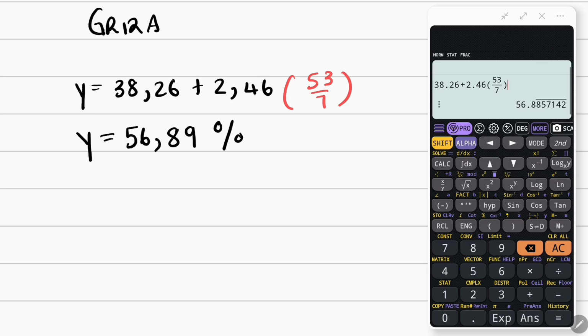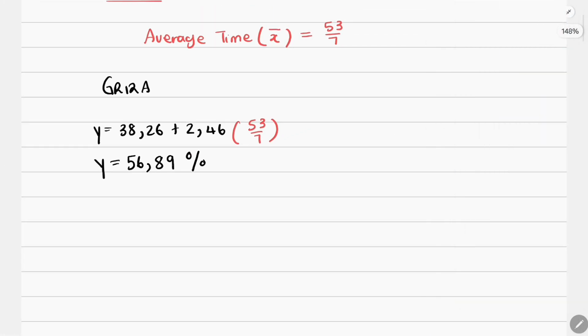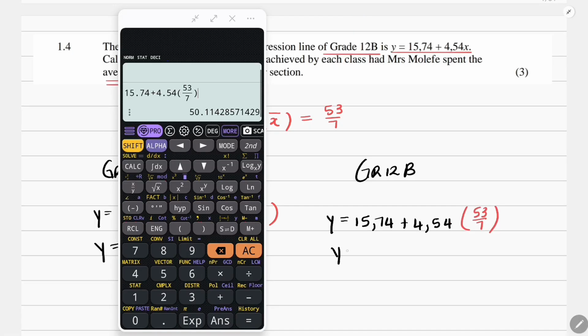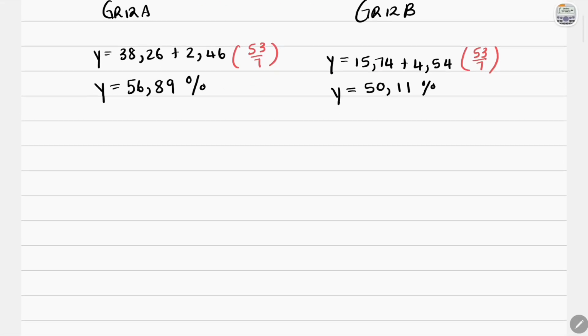So percent, that is the answer there. And then we're going to do the same thing for grade 12B. So this is grade 12B's results, and let's substitute 53/7. Okay, and this is what we get as the y value, and it is 50.11%. Okay. And now we're going to subtract.